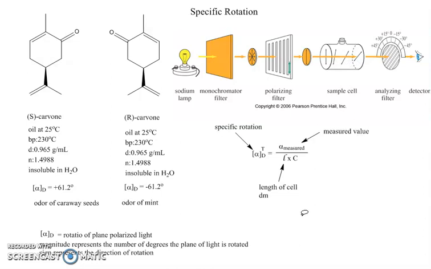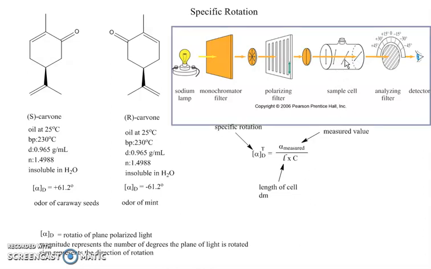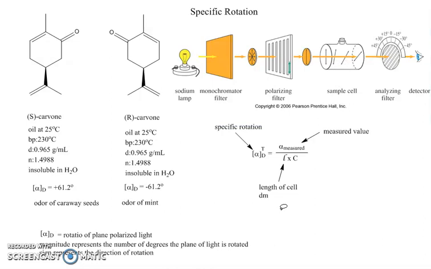And the units that we use on this length of cell measurement are decimeters. This is the only place in science where I know that the official unit of measure is decimeter. Next we have concentration, and our concentration is in terms of grams per milliliter. So if we take the measured rotation, we divide it by the length of the cell in decimeters, and we divide it by the concentration of our solution in grams per milliliter, we end up with our specific rotation.